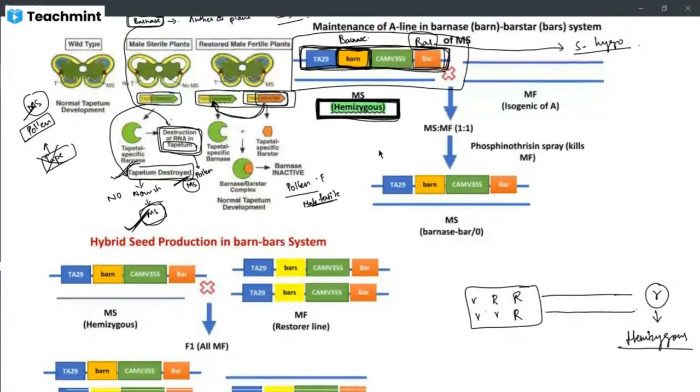So this construct is in the hemizygous condition, which means there is only a single construct. There is no counter to it. Is it okay? Yes, sir. We can call this your male sterile line, because there is the Barnase gene.